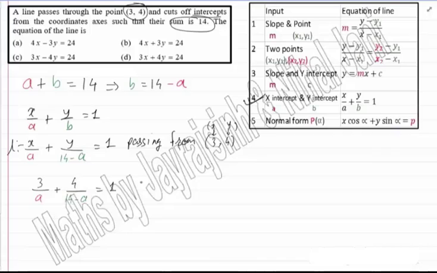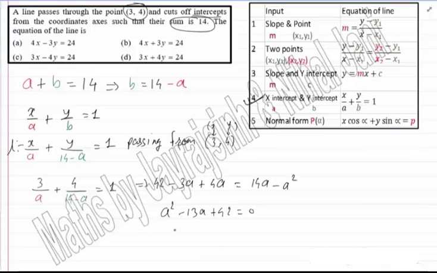So we will get 14 3s are 42 minus 3a plus 4a is equal to 14a minus a square, right? Or we can say a square minus 13a plus 42 is equal to 0.